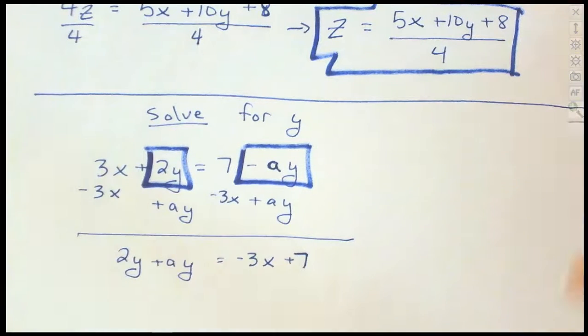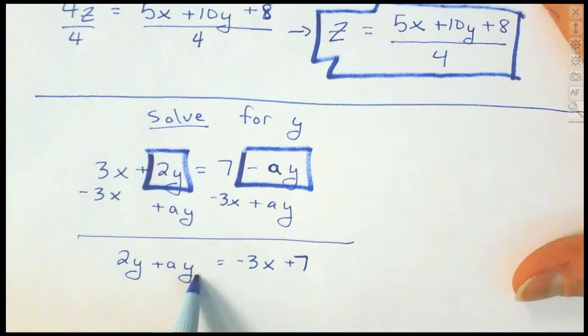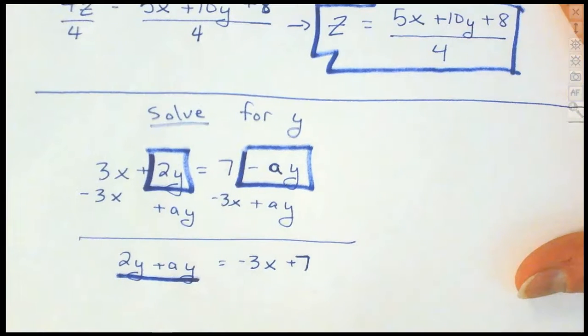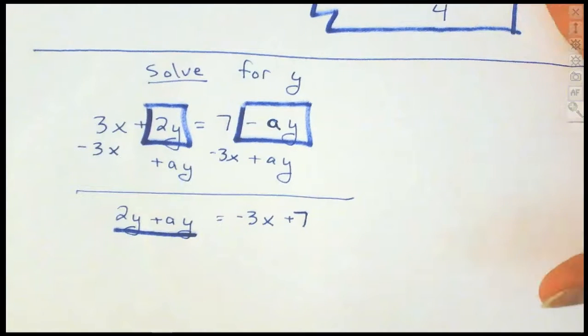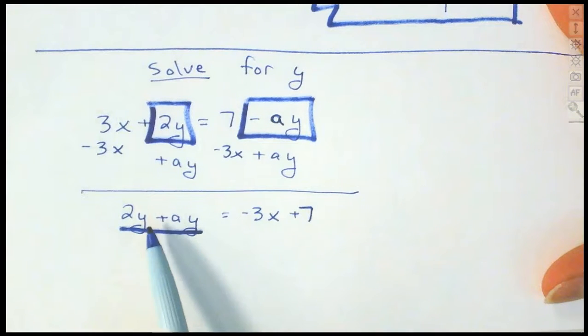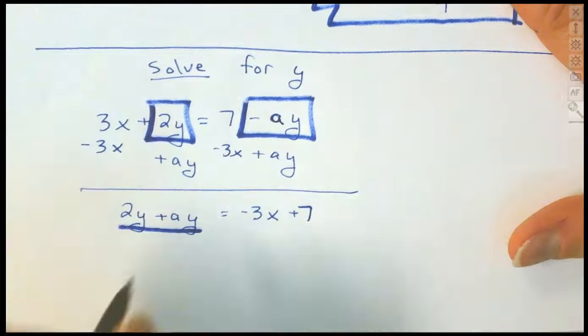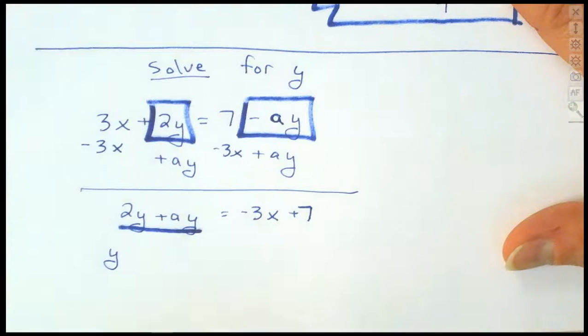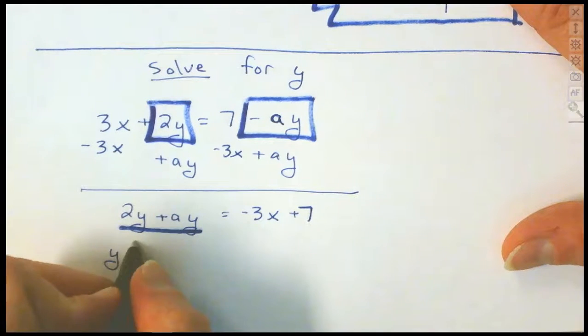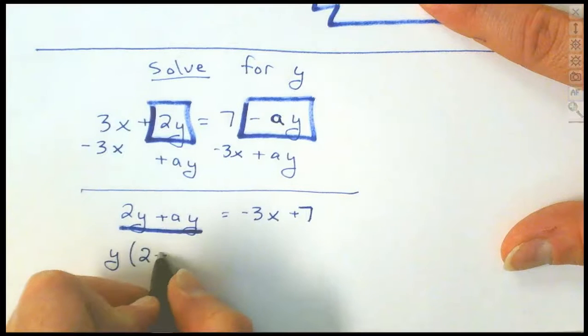What do you notice on the left? These cannot be combined together, can they? No. But they have a common variable. Both of these have what variable in common? Y. So let's factor out that y and put it in front. If I factor out that y, because both of them have a y, that leaves you then with 2 plus a.